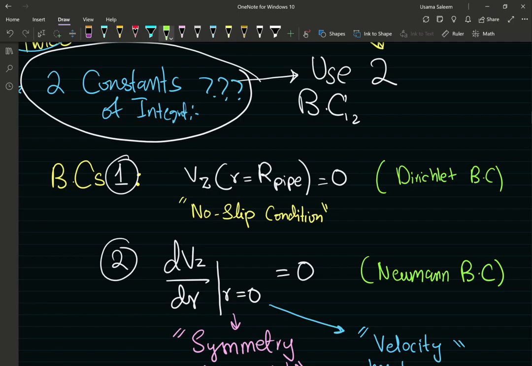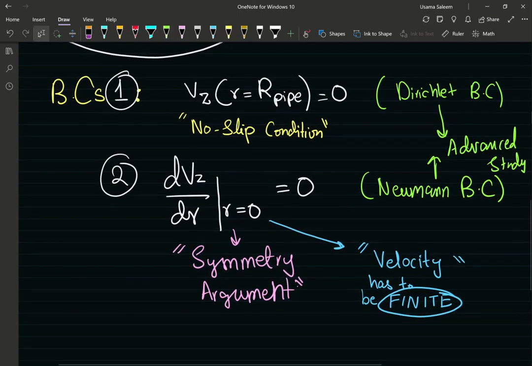So for those of you who want to do an advanced study in this subject, especially in boundary value problems, these names are going to pop up. But for you undergraduate boys and gals and people of other genders, this is not going to be an issue. So this is for advanced study. Okay, and I'm going to link some resources in the description, hopefully.